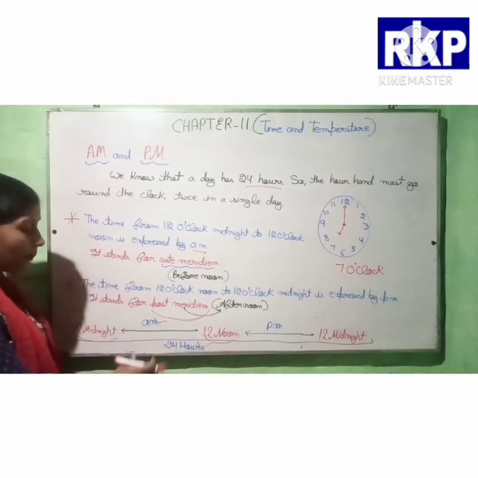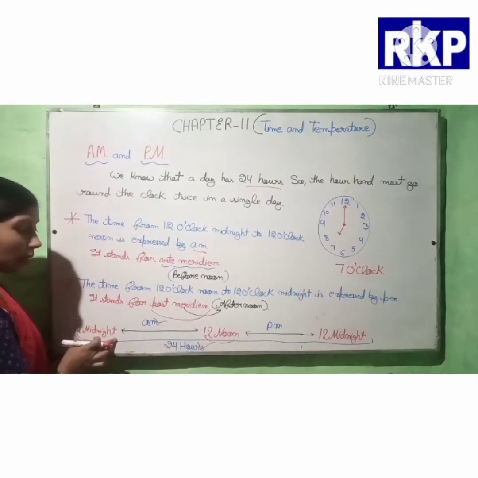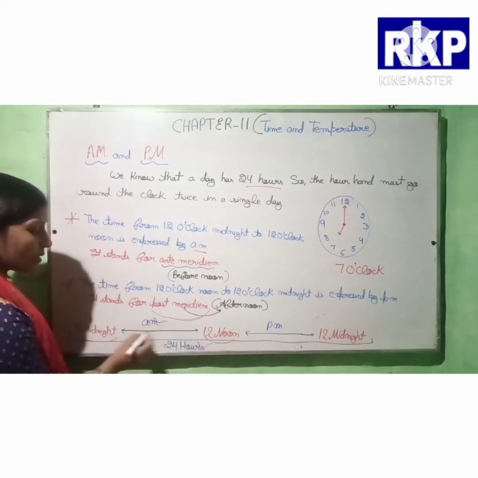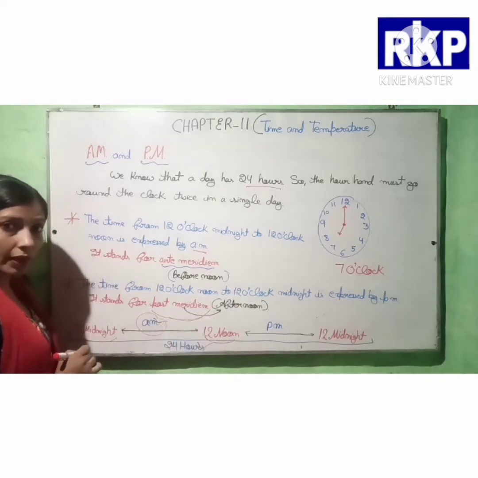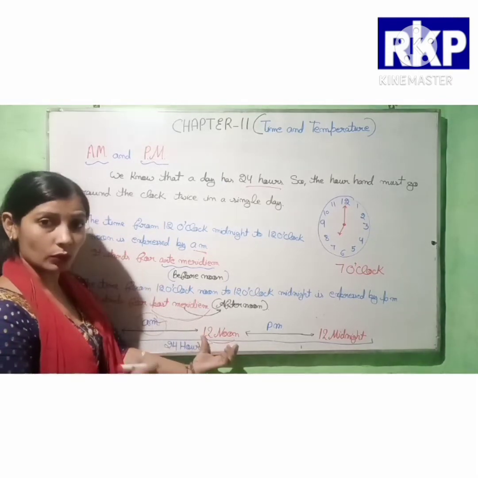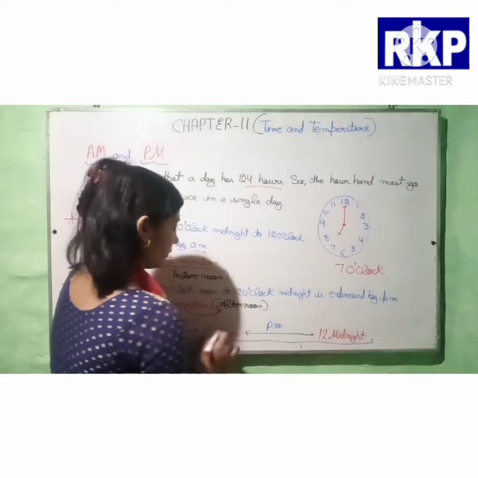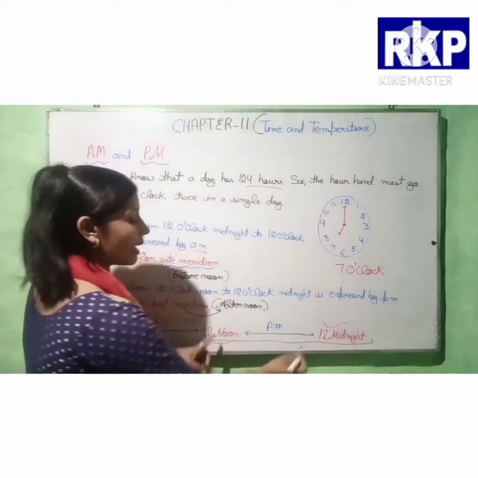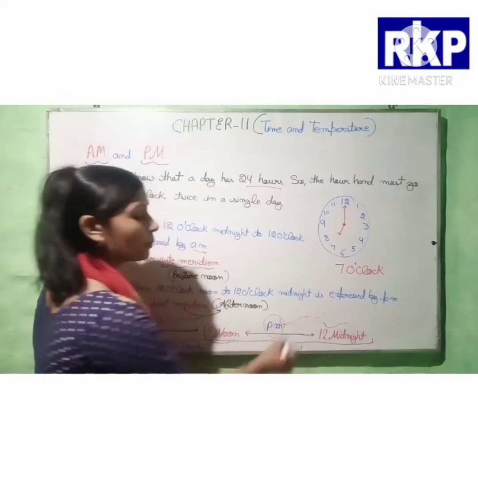The time from 12 midnight to 12 noon is expressed by AM, and the time from 12 noon to 12 midnight is expressed by PM.